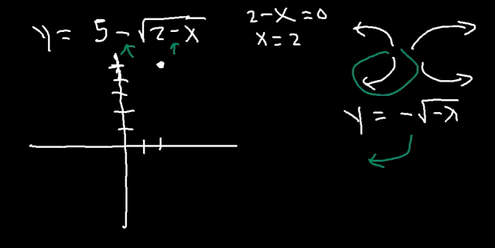So now, we don't have a number in front of the radical, so we can use our general transformation. The square root of 1 is 1. The square root of 4 is 2. And the square root of 9 is 3. So as we go 1 unit to the left, it's going to go down 1. As this is x, this is y.